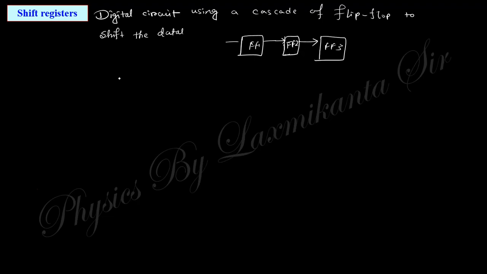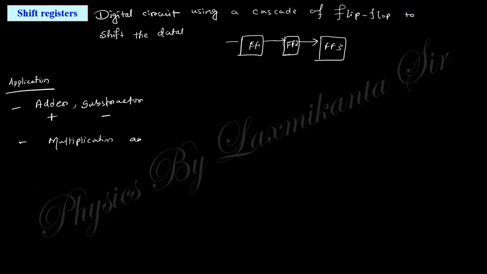If you want to know about the application of shift register, actually the adder and subtractor. From the adder you get the addition, from the subtractor you get subtraction. What about multiplication and division?